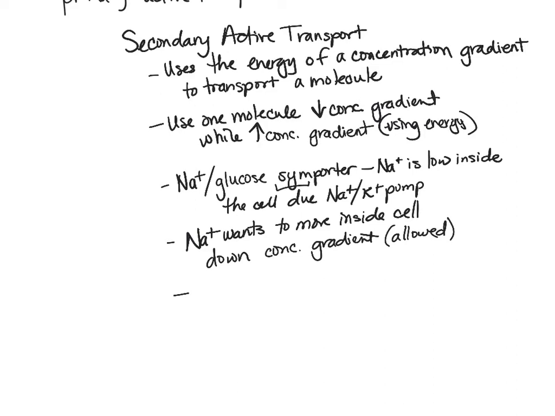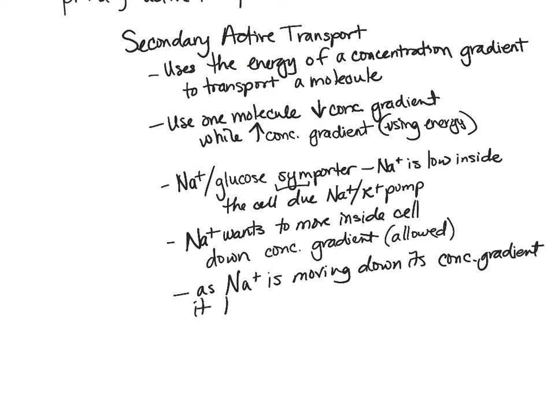And then when the sodium is moving into the cell, it brings glucose in also. So as the sodium is moving down its concentration gradient, it brings glucose with it.